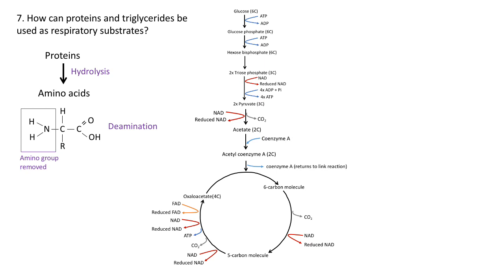And so the remaining carbon skeleton can form either, and that's dependent on the R group, obviously. And then those compounds can be converted into molecules that can feed into respiration at various points.